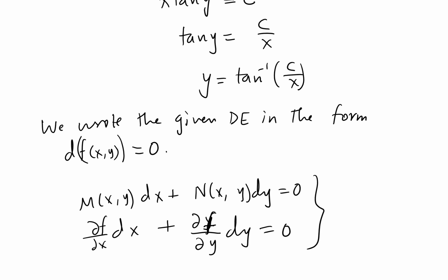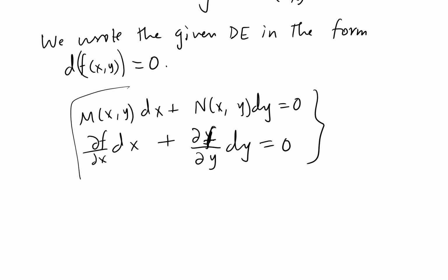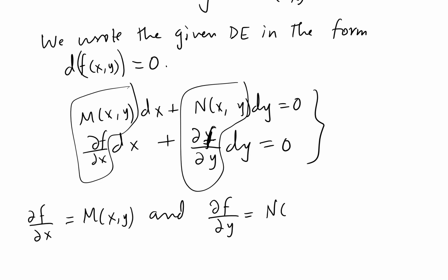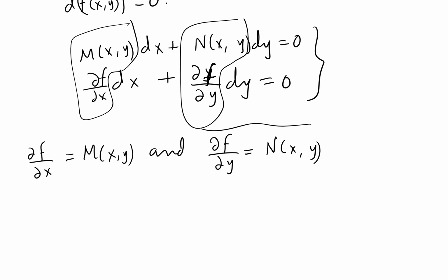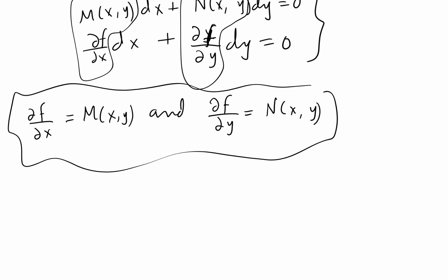That's what we have from the equation. And if we compare these together, then this equals this and this equals that. So M(x,y) is the partial of the function with respect to x, and partial f with respect to y is N(x,y). We'll come back to this again.